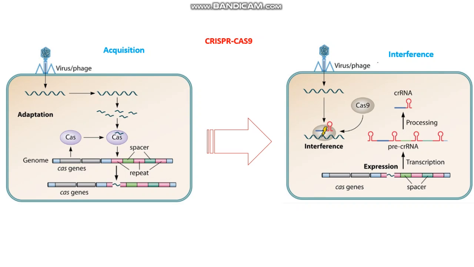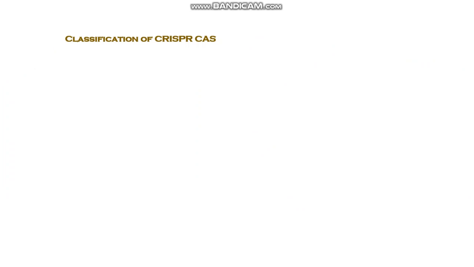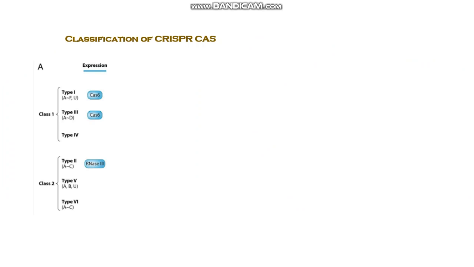Alright, let's talk about the classification of CRISPR-Cas. There are mainly class 1 and class 2. Class 1 includes type 1, type 3 and type 4, and class 2 includes type 2, type 5 and type 6. Based on the encoded effector proteins, class 1 CRISPR-Cas systems work with multi-subunit effector complexes consisting of 4 to 7 Cas proteins.